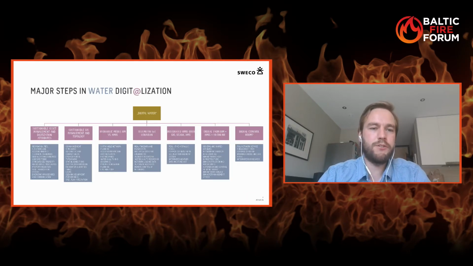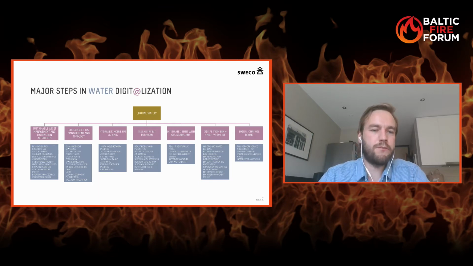And those are the major steps which you have to do when you create a digital model of your water system. There are some big groups, or let's say steps, which you have to do before you create a really good and real-time based hydraulic model.